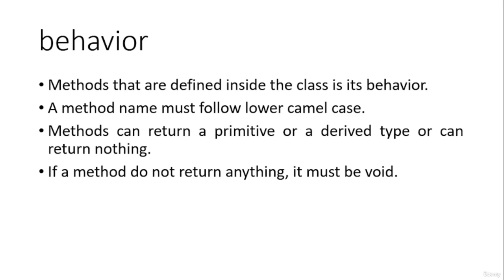Next thing is the naming convention for methods. Methods follow lower camel case notation, so the method name should start with a small letter and will have capital letters when any new word comes. So that's it for behavior, state and class. Now let us see the practical for this.